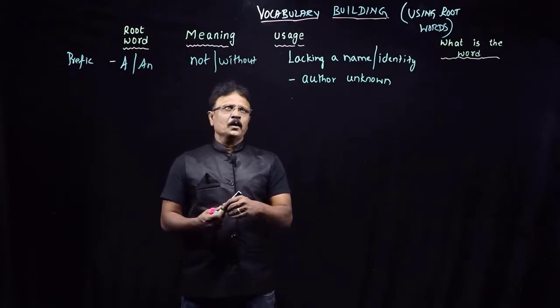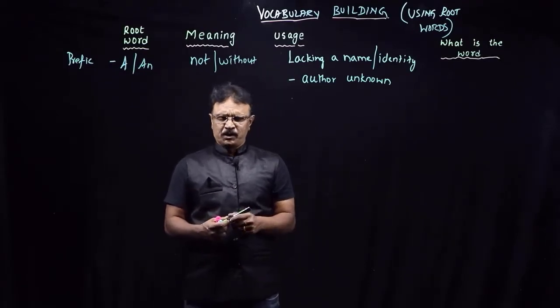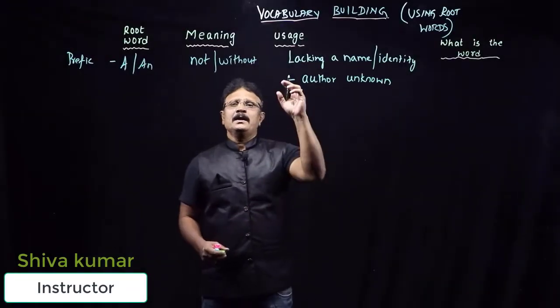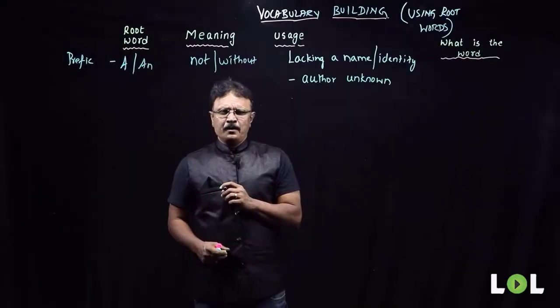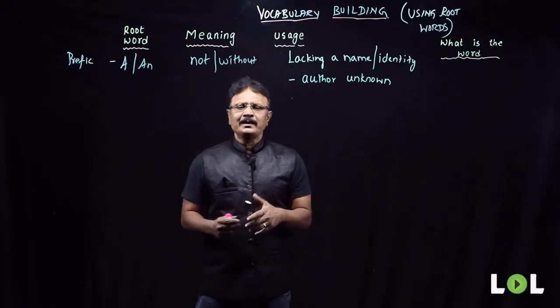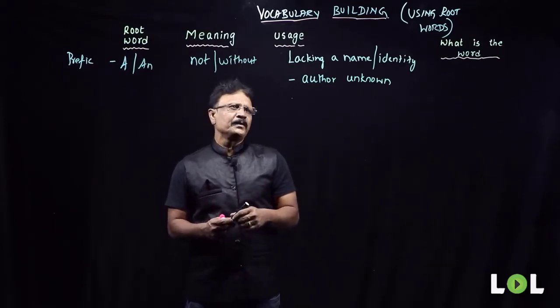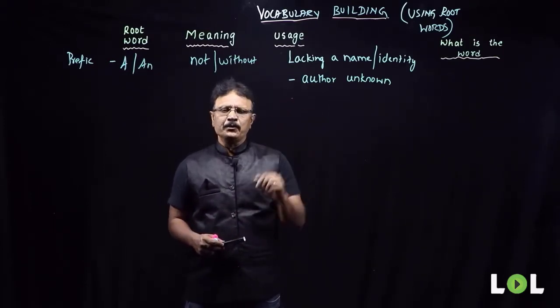Let's move on to the next word, and the usage of this word is lacking a name or identity. For example, you may have read some articles here and there, and you would have seen something like "author unknown."